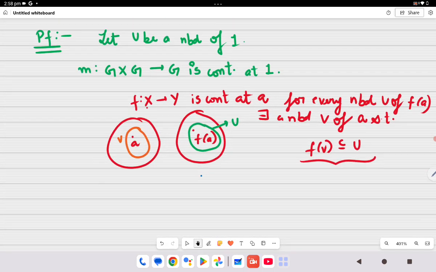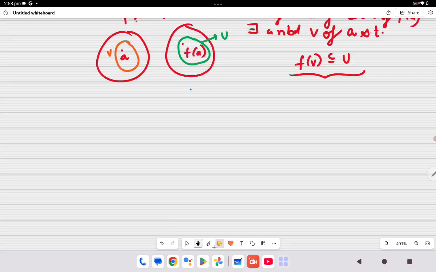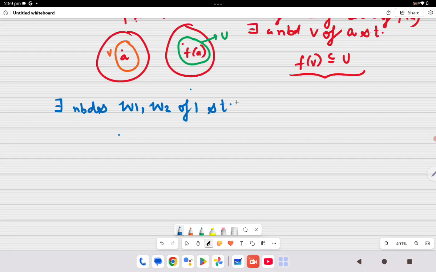If we apply this same definition here, the multiplication map is continuous at 1, so what do we learn from it? That for this particular neighborhood U of 1, there exists a neighborhood, and every open set contains a basic open set. So in that way there will exist neighborhoods W1, W2 of 1 such that M of W1, W2 will be contained in U. What is M of W1, W2?